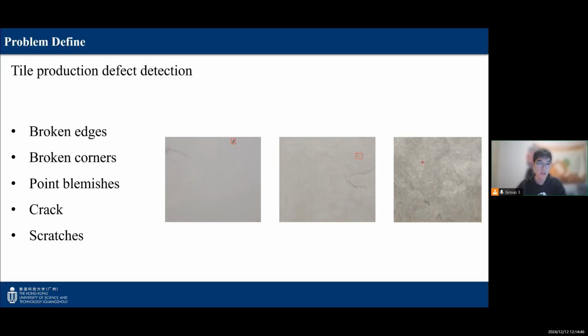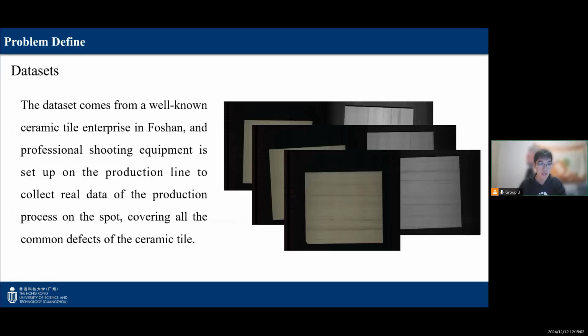Here are some common defects of tile production: the broken edge, the broken corner, the point blemish, the crack, and the scratch. The dataset we use comes from a well-known tile enterprise in Foshan, and professional shooting equipment is set up on the production line to collect the real data of the production process on the spot, covering all the common defects of the tile.